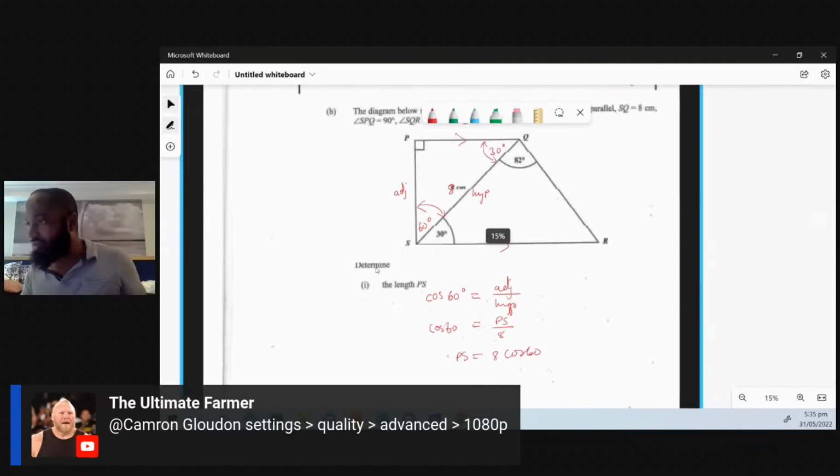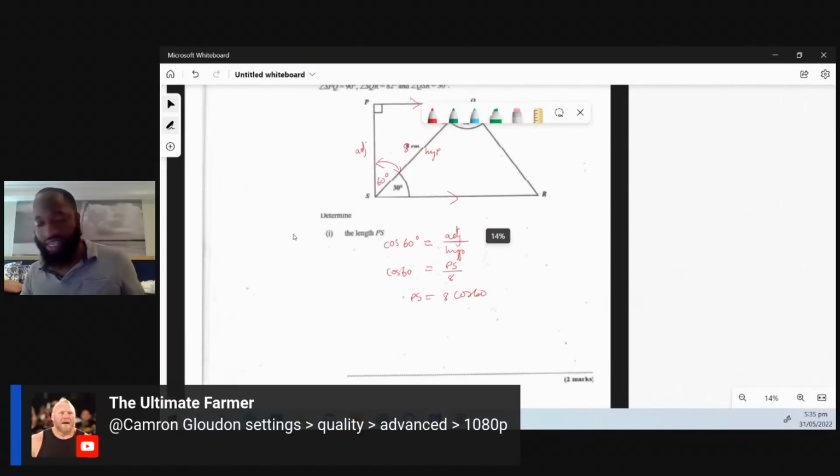Did they say anything about significant figures? Should work out pretty nice though. 8 times the cos of 60, make sure you calculate in degrees, 4. Or some of you want to get 8 times the sine of 30 and you'll still get 4. So this is 4 centimeters.